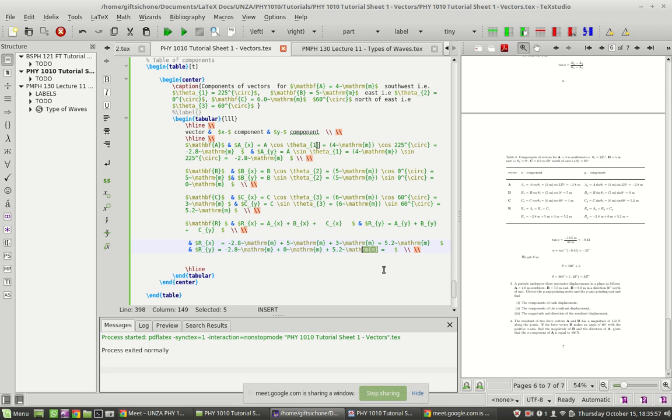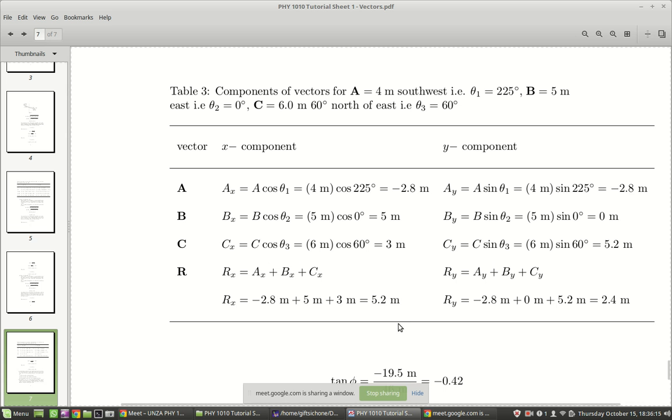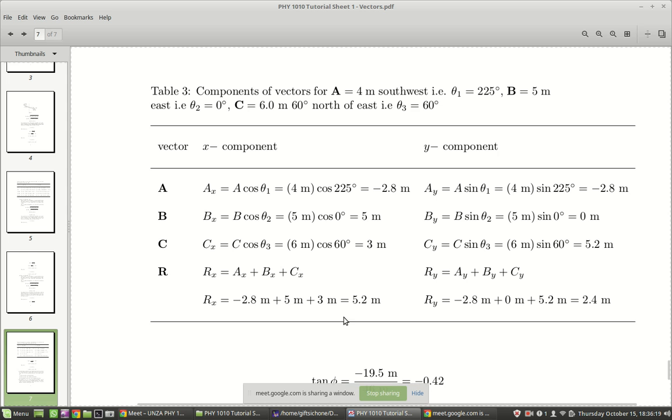2.4. Okay, so now we see something different from what we have been having. You see the Rx is positive, that is 5.2 meters.